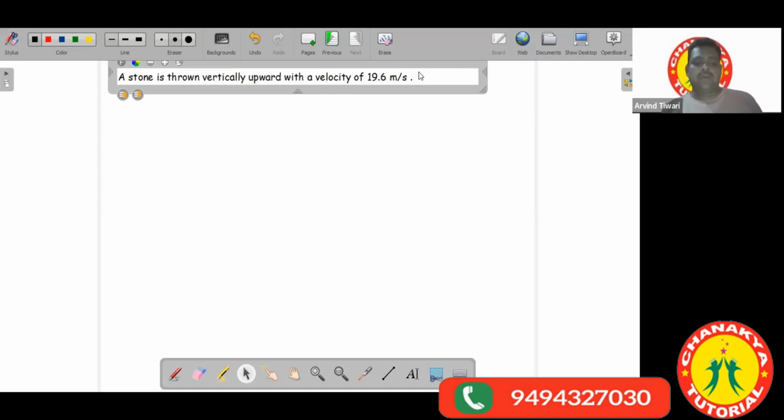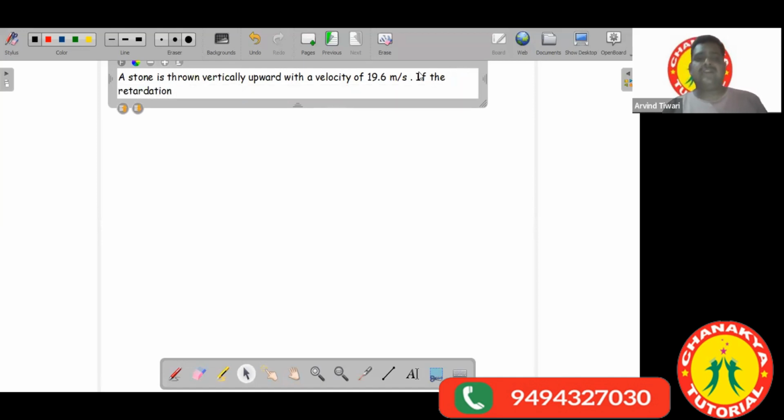If the retardation due to gravity is 9.8 meter per second square, find the time taken by the stone to reach the maximum height.